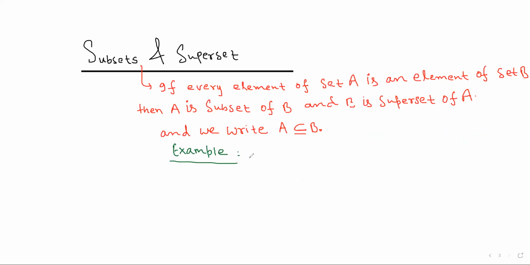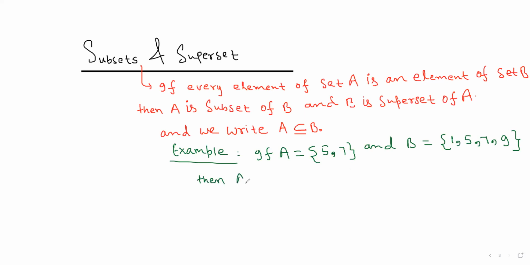If you just take a simple example, let's say A is equal to {5, 7} and B is equal to {1, 5, 7, 9}.